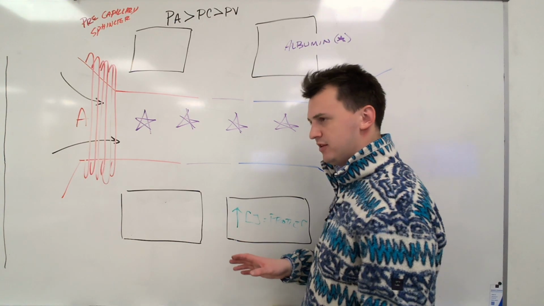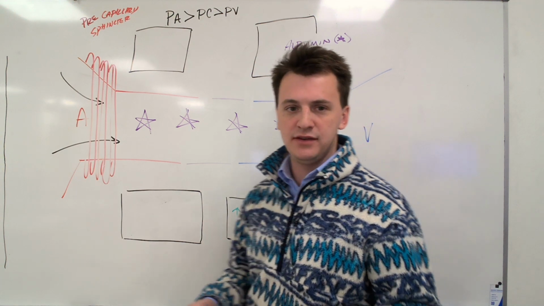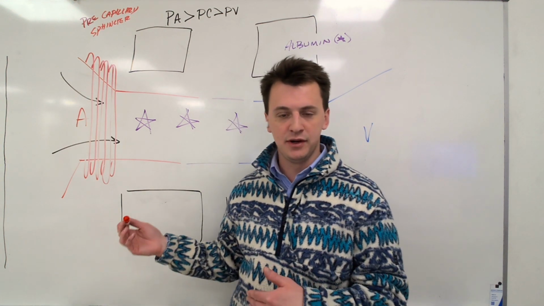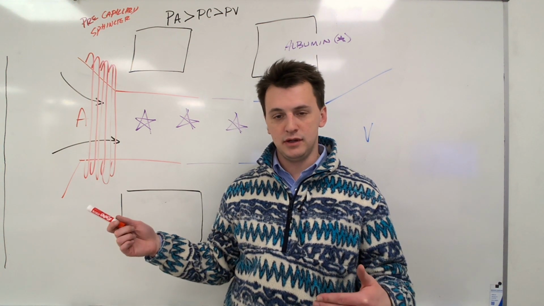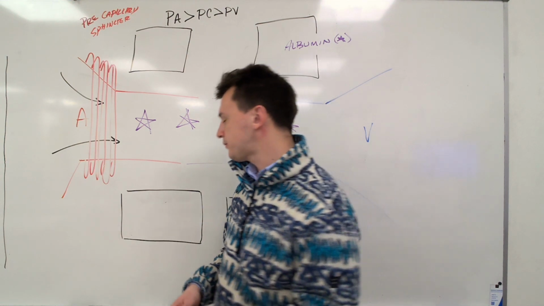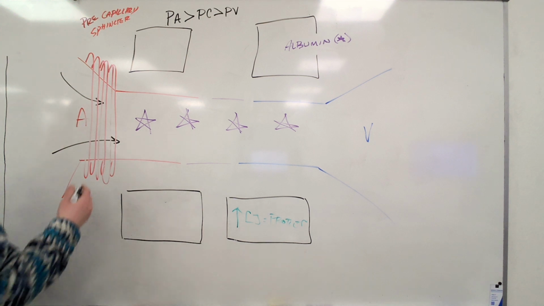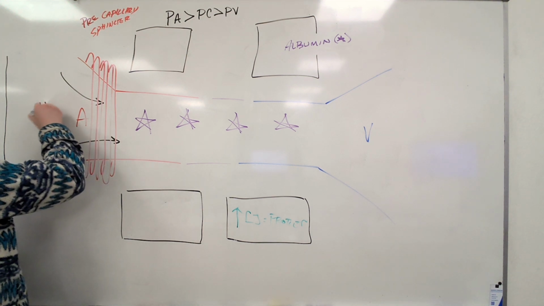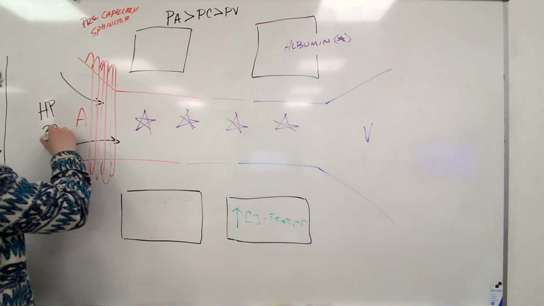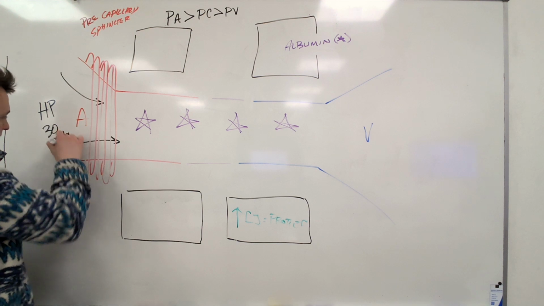If you know any sort of physics, we talk about pressure, and there's this thing called hydrostatic pressure, because these are water based things. So in the arterial end, we have a hydrostatic pressure of 30 millimeters of mercury.